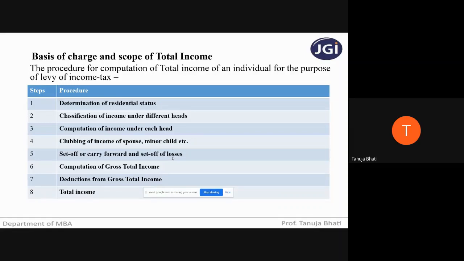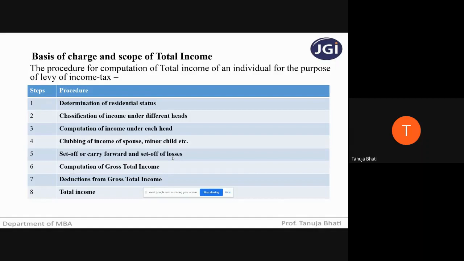That is salaries. Under salaries, there cannot be any loss. But under house property, yes, there can be a loss. There can be a loss under business and profession. I'm carrying out a business and I face loss. So I can have not income in a particular year, but a loss in business in a particular year. And I can have a loss from the sale of an asset. Suppose I have purchased an asset for a higher value, but I'm selling it at a lesser value. It is a loss to me.